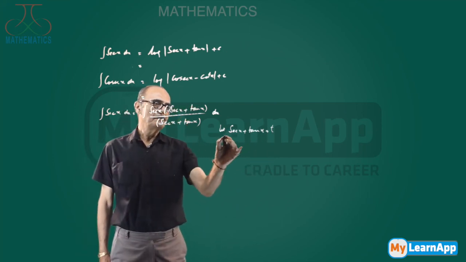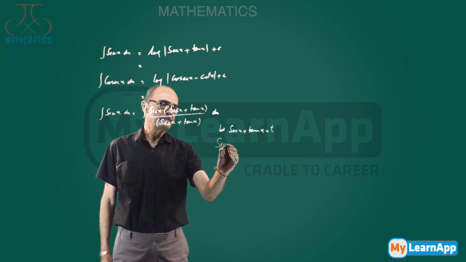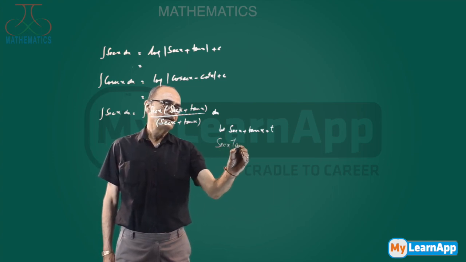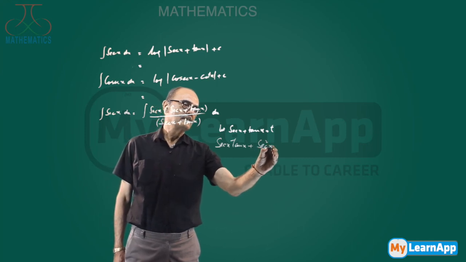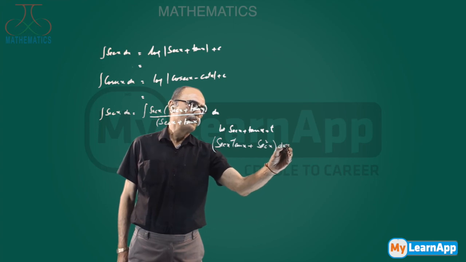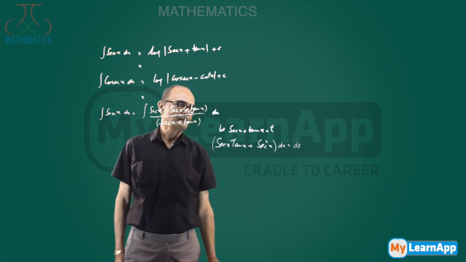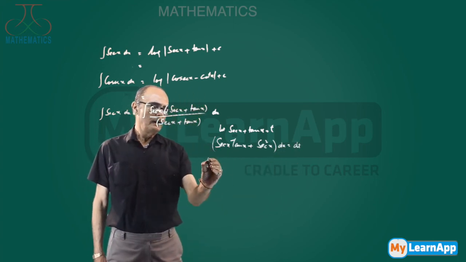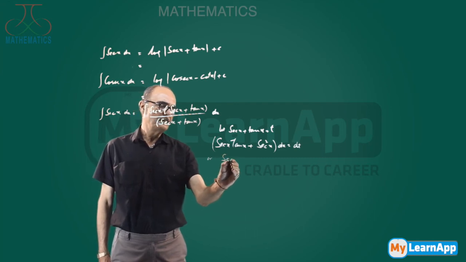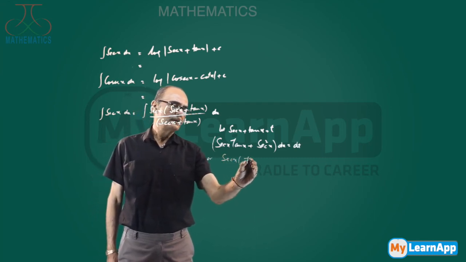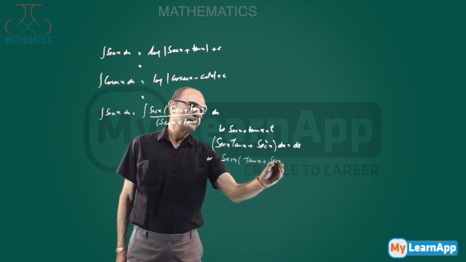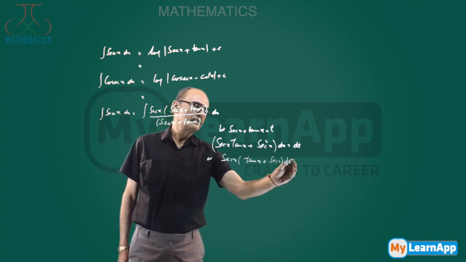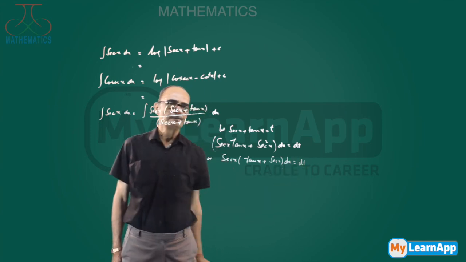So, the derivative of secant x is secant of x tan of x plus secant square x, d of x equals d of t, or take out secant of x common: secant of x times tan x plus secant of x, d of x equals d of t.